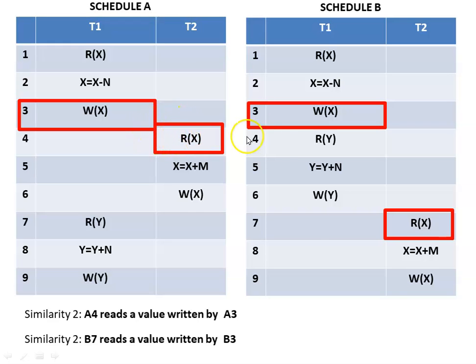Over here we see that transaction T2 reads a value which has been updated by transaction T1. So here also it does not read the value from the database. It reads the value which has been updated by transaction T1. So B7 reads the value written by B3. So here also the pattern is the same.